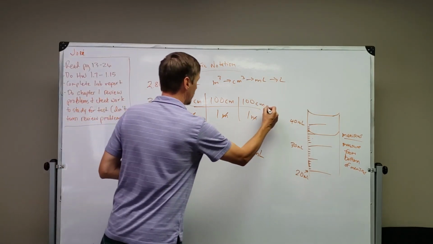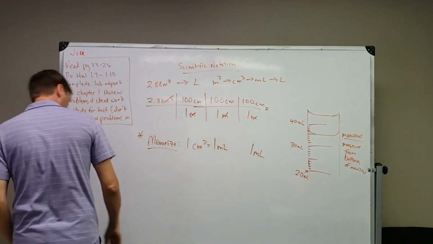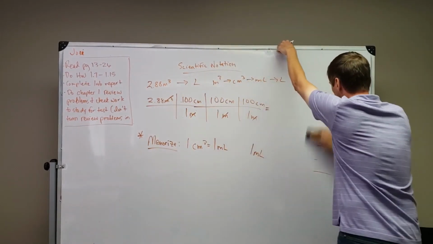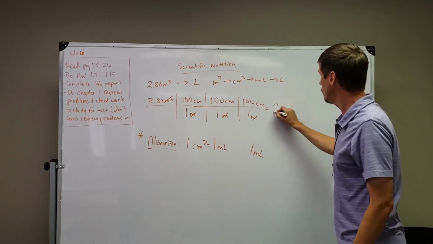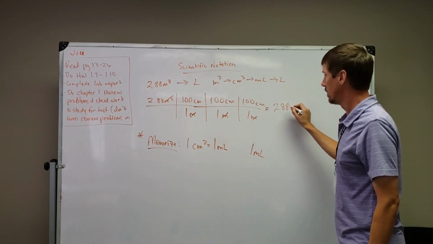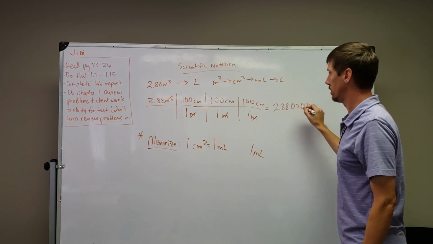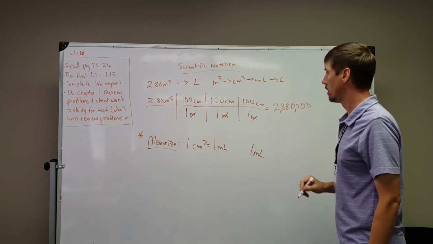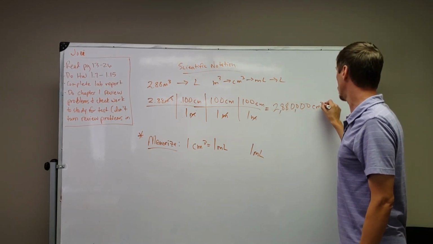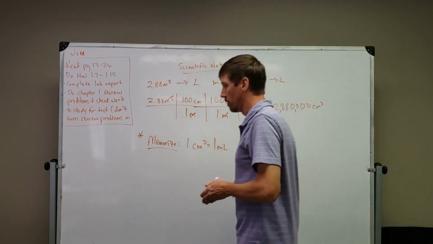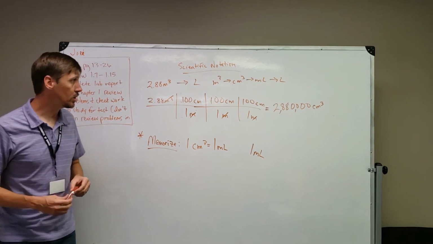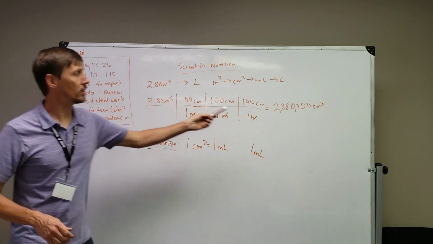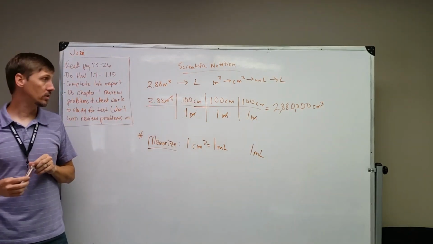If I punch that in my calculator, I've got 2,880,000 centimeters cubed. I started with 3 significant figures and I have 3 significant figures here, so we're good as far as the sig figs go.